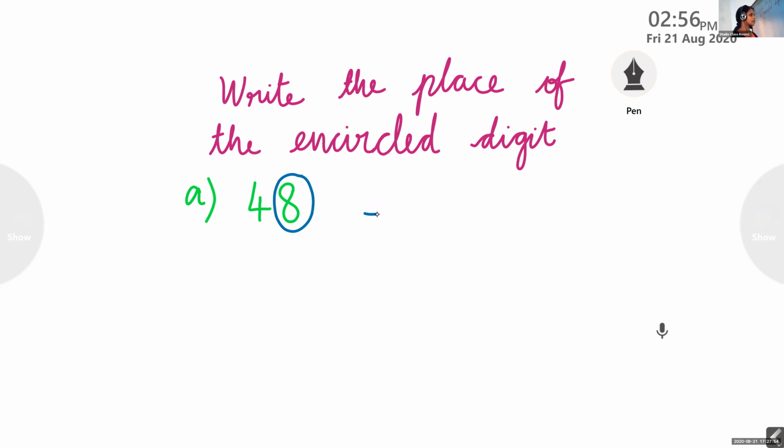Ones. Very good. So we can write ones. So in the number 48, 8 is encircled, so the encircled digit's place is ones.